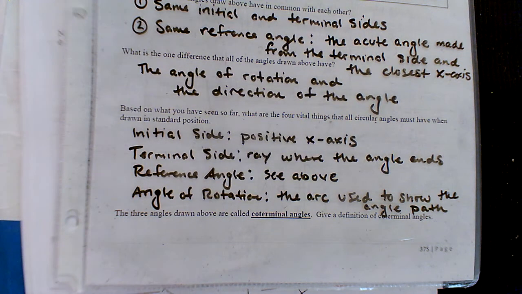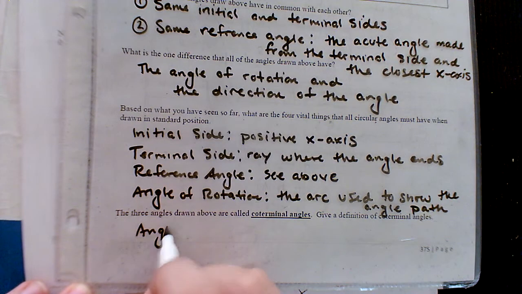Can we define that term? Terminal means to terminate, yeah? All the angles share the same end. They all land in the same spot. Even though you might do different angles of rotation, you're still landing in the same spot.